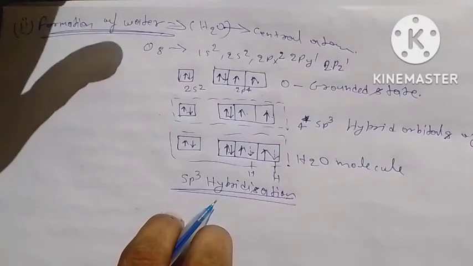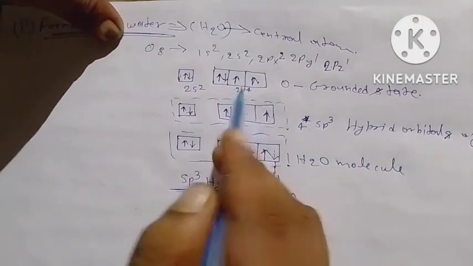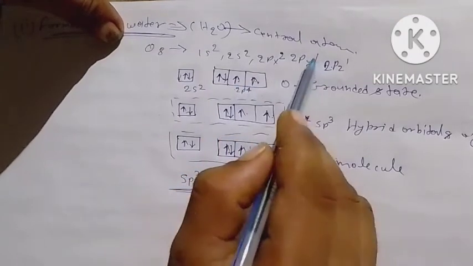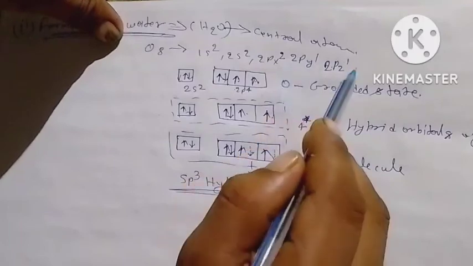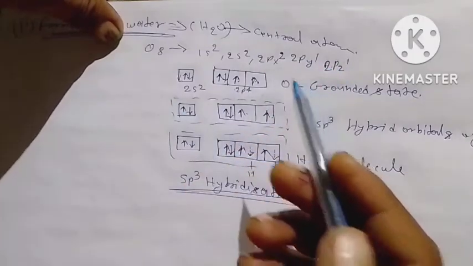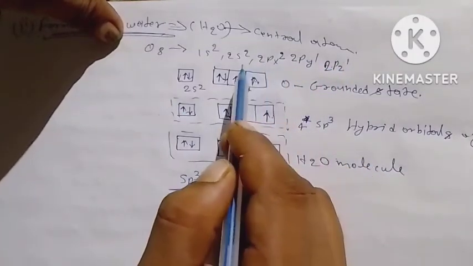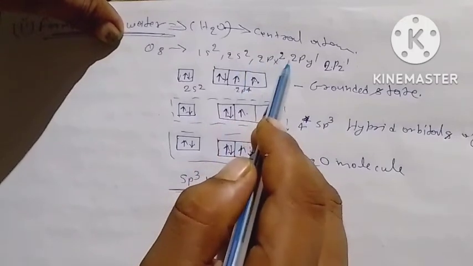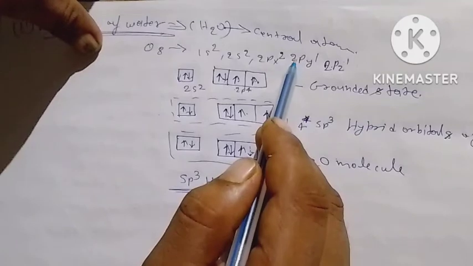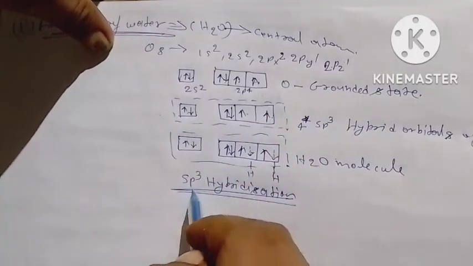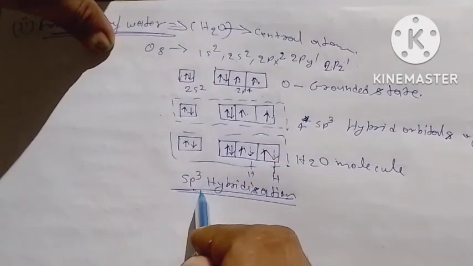An oxygen atom has 2 unpaired electrons for bond formation. The 2s and 3 2p orbitals hybridize to form 4 sp3 hybrid orbitals.